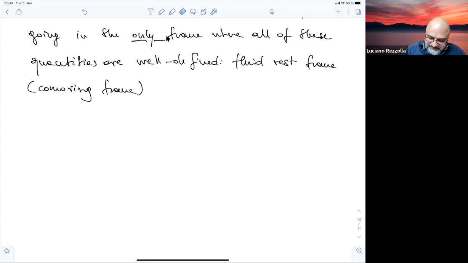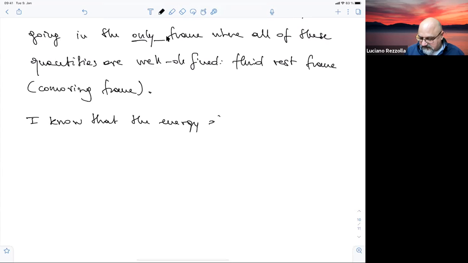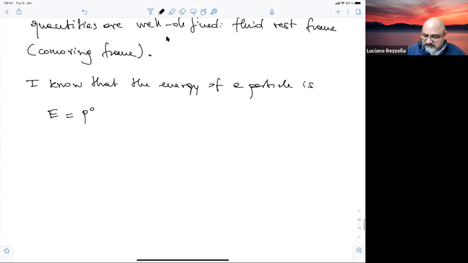Then I know that the energy of a particle, I mentioned this, but I'll write it again. Energy of a particle is E equal P naught, the upper contravariant component, the time component of the momentum.